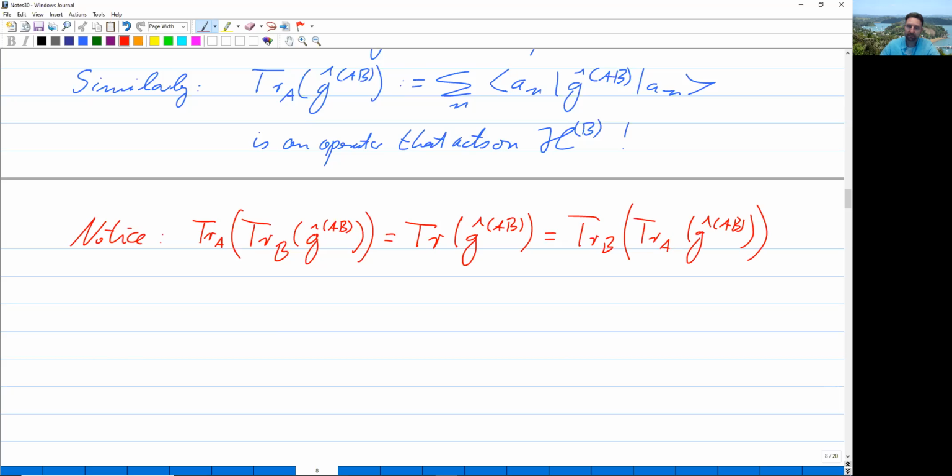Okay, so that's something that will be very useful when we now address the question of moving the Heisenberg cut. Moving the Heisenberg cut. So instead of drawing the boundary between the quantum system and the rest of the universe around system A, we will draw it around system AB.